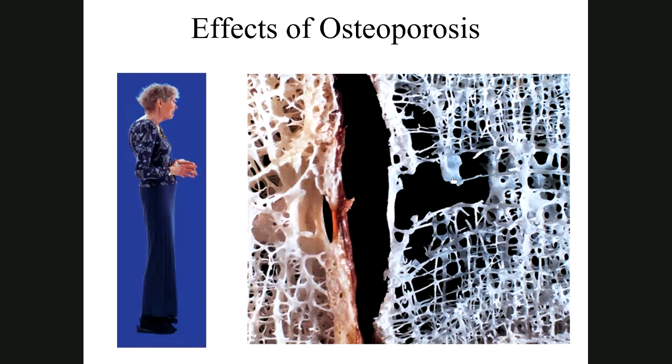We're trying to publish a paper that shows that estrogen can stimulate osteoclasts and actually cause self-death. This process is known as apoptosis. And if you don't have any estrogen, the osteoclasts will live longer, and they can actually cause this damage that you can see here.